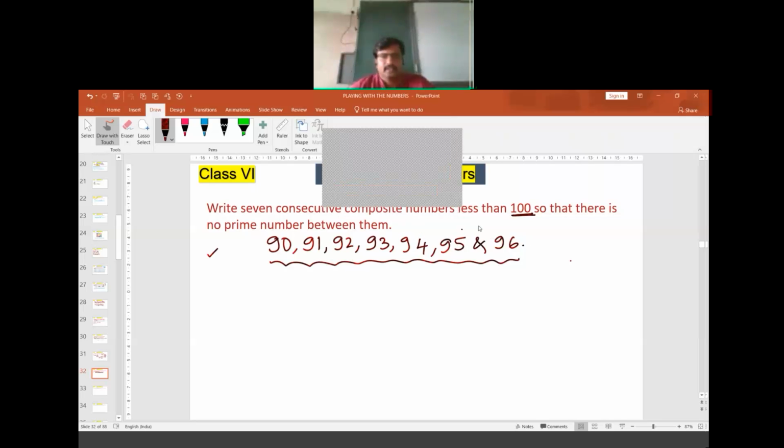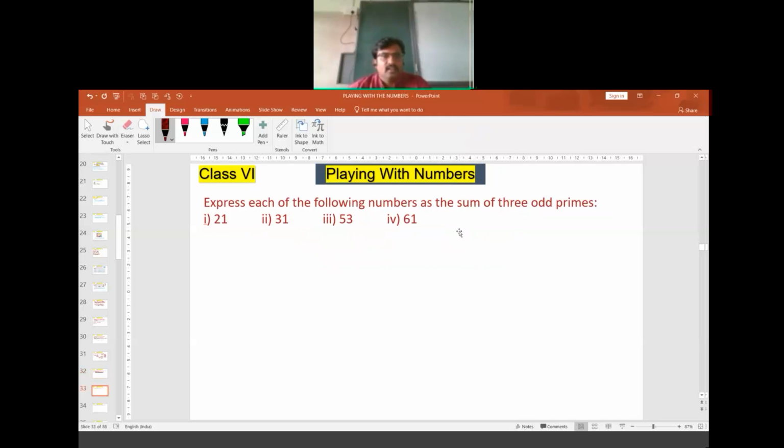Coming back, we shall answer this question. It's very interesting. You have to express the given number as a sum of three odd prime numbers. One example I'll give. Here we have 21. This 21 is the combination of, I can write it as 3 plus 7 plus 11.